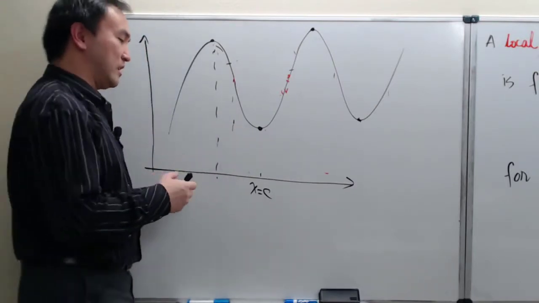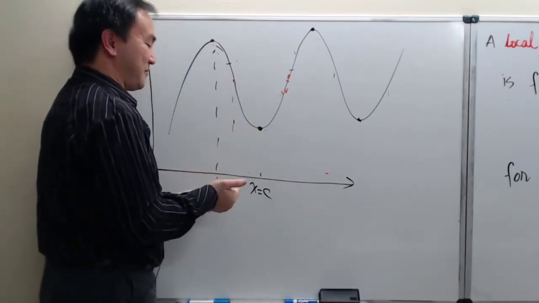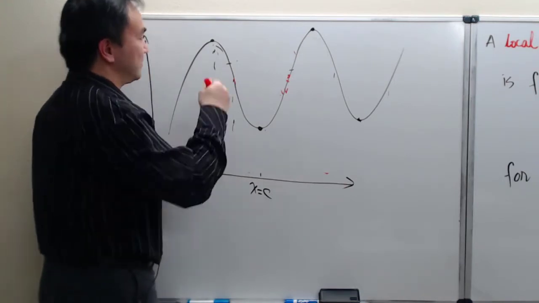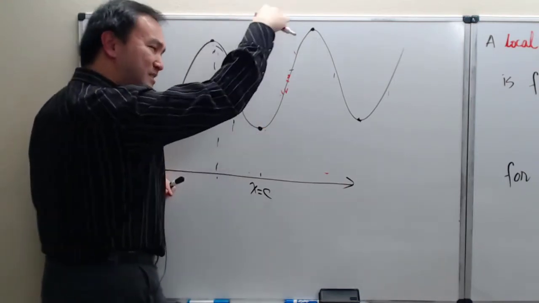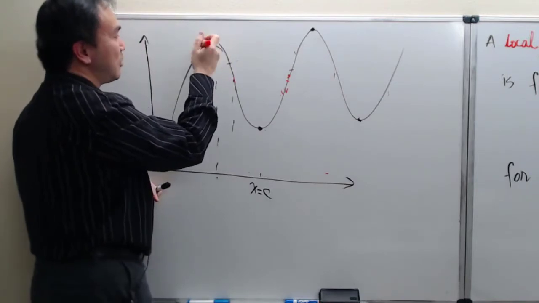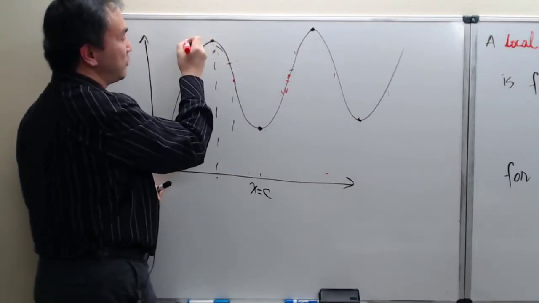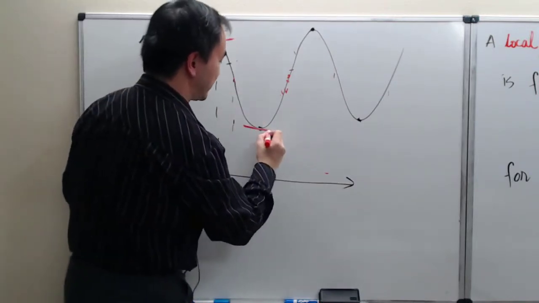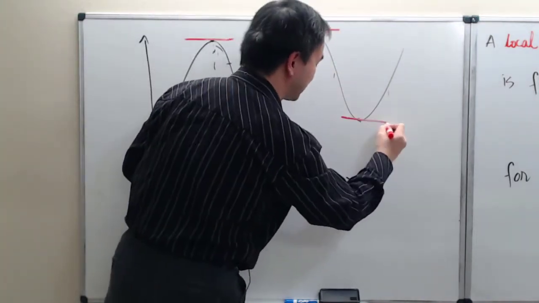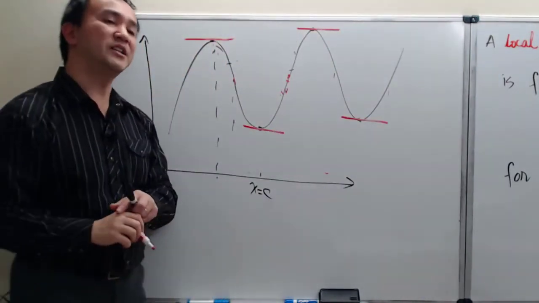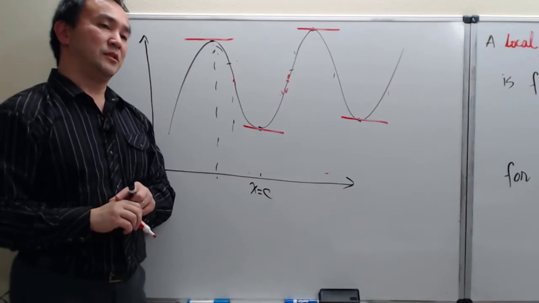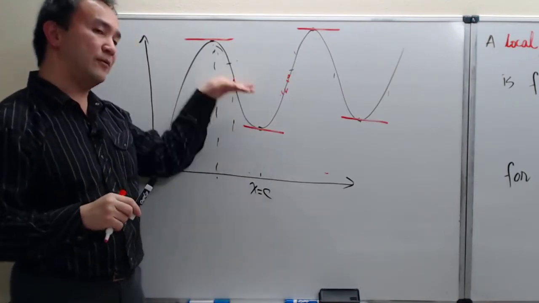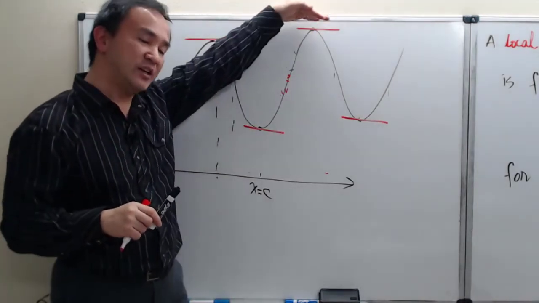But now, a little more straightforward to my point. These are what we call the local maximums and local minimums, and those are just right at the points where a horizontal tangent line hits, okay? So be careful. Just because we have a horizontal tangent line doesn't mean we have to have a maximum.